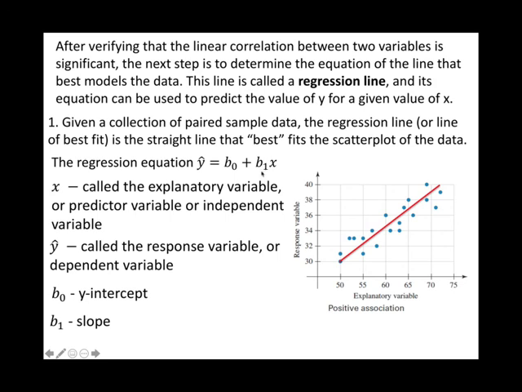And the b1 here corresponds to the m in b plus mx, so b1 is the slope. For this line, it is increasing, going this way, so I have a positive slope. So the b1 should be positive.